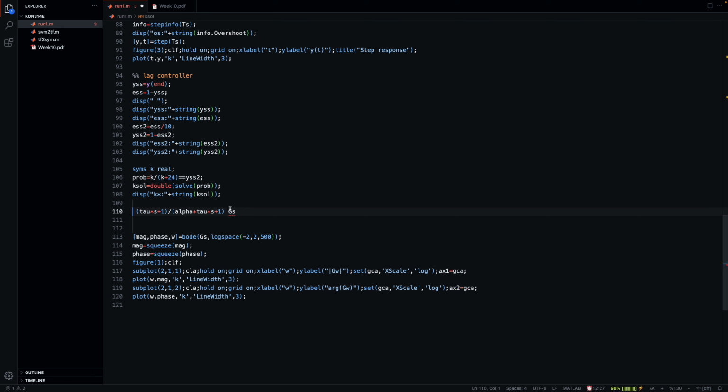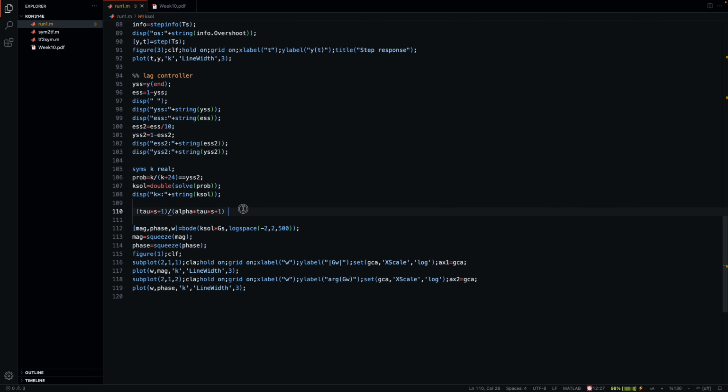Now what I need to do is get this here and treat this as the new Bode plot. There are two ways of doing this. I'm showing you the easier one, where I'm just going to take K sol times Cs and use this to plot the Bode plot, to update the Bode plot, and that's going to be it.